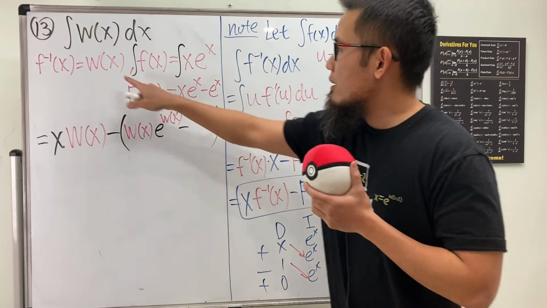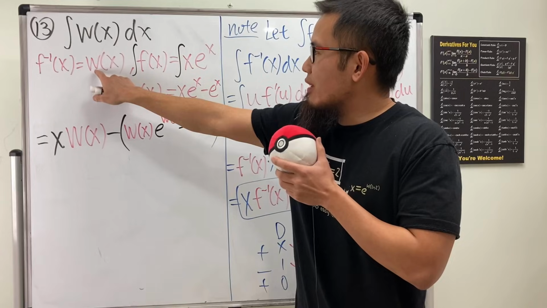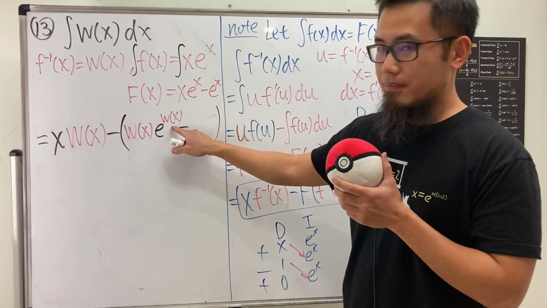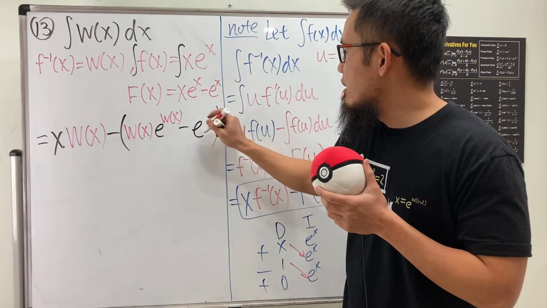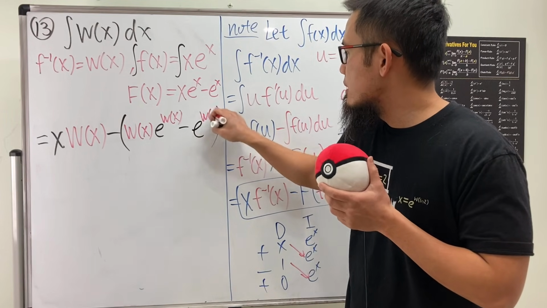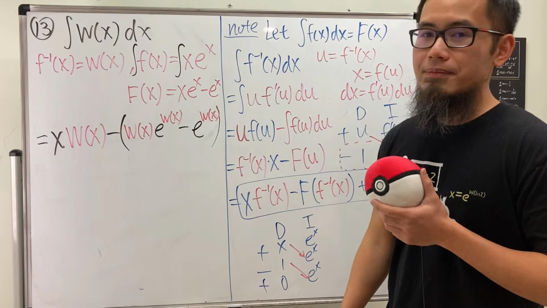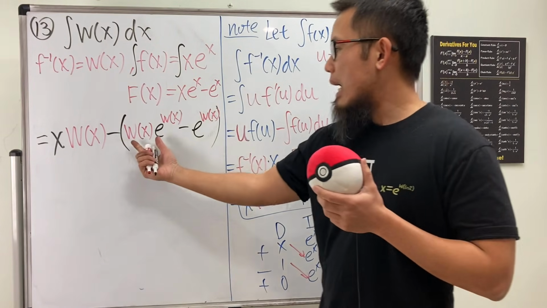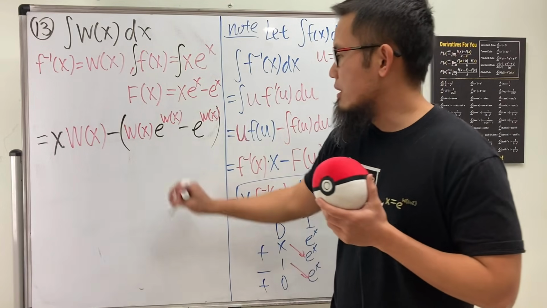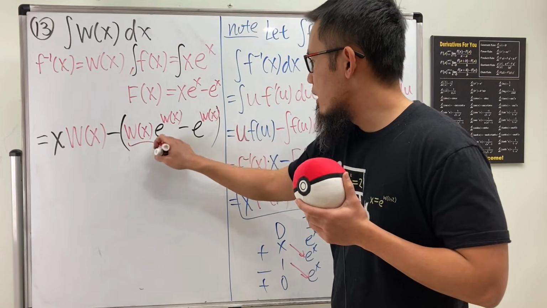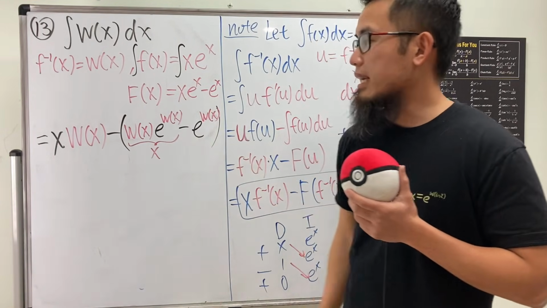So let me just do this again. We will have to enter W of x into here and here, and also here. So we have to minus e to the W of x, like that, right? Well, W of x times e to the W of x, can we simplify that? Yes, because the whole thing is nicely equal to just x, right?